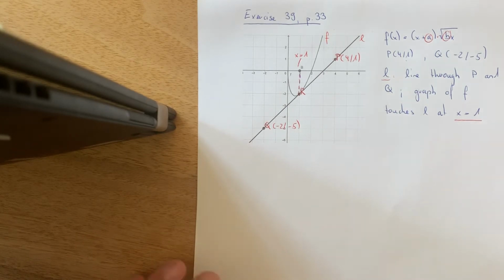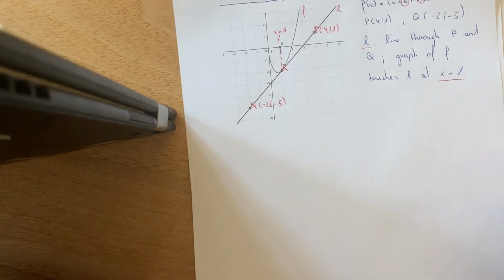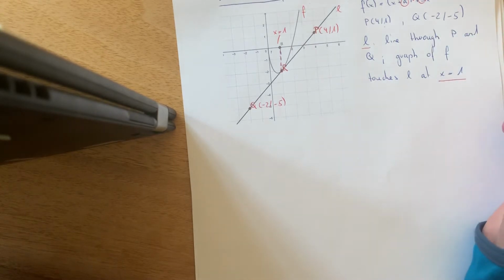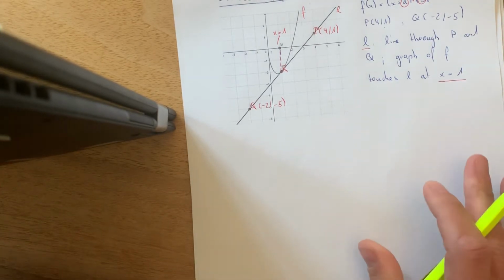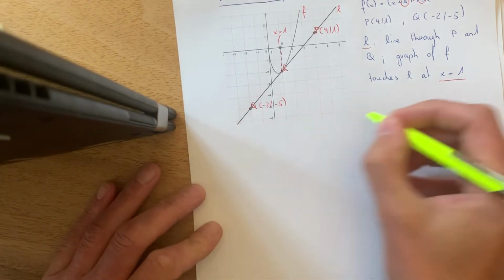So of course, the only thing we can do here is we can find the equation of the straight line. That's not a problem because we know 2 points lying on that line, so we can find the equation of that straight line.